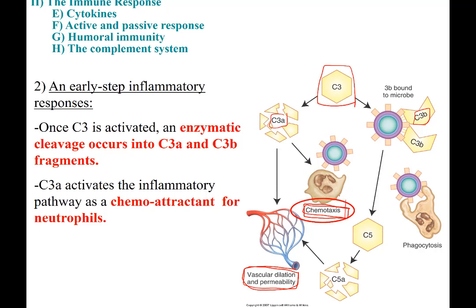Chemo is chemical, and taxis like a taxi. When you're taking a taxi, it is to go from one place to another. So it's a transportation system, the idea that you can move from one place to another. Chemotaxis means that you chemically move. I don't know if I can translate that this way, but that's what it means.